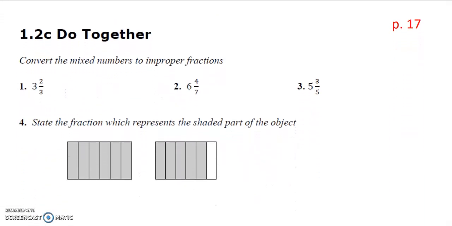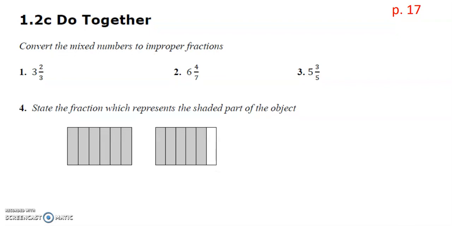We're going to convert the first 3 to improper fractions using our C method. We're going to multiply denominator by whole number and add our numerator. 3 times 3 is 9, plus 2 is 11, over 3. 3 2/3 is equal to 11/3. For number 2, we're going to use our C method. 6 times 7 plus 4, or 7 times 6.